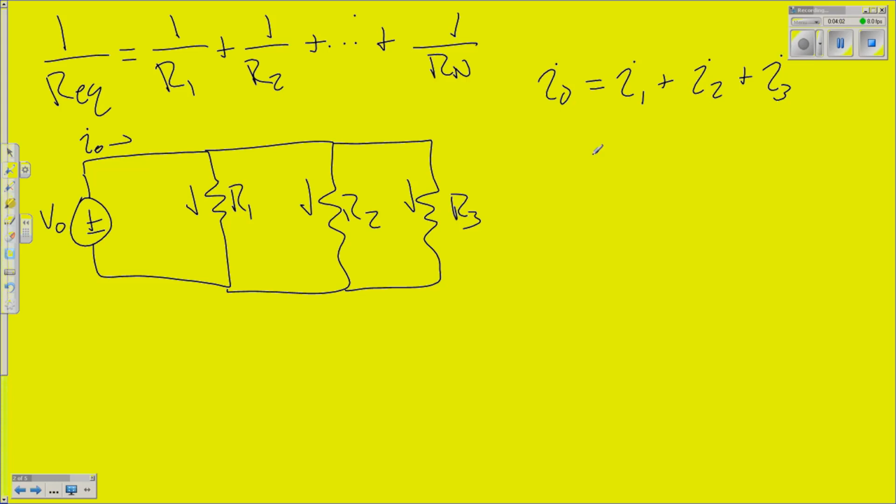So again, what we do is we translate this using Ohm's law. We take that current and put it in terms of voltage and resistance, rather than current and resistance, as we did for the series combination. So V equals IR, then I equals V over R. So V0 over R1 is going to be equal to I1, and so on and so forth.